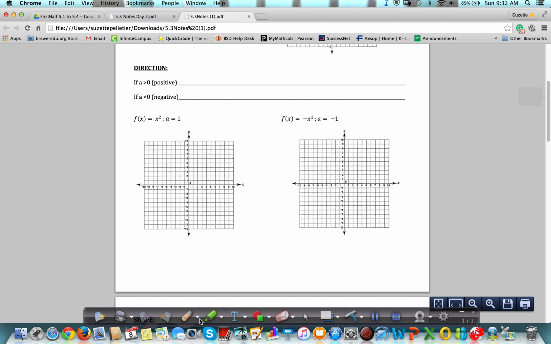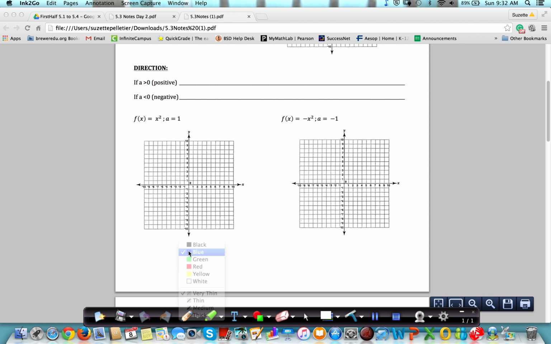So we have two options right now if A is positive, and remember that A is the number in front of the x squared term. This is where we find ax squared. If A is 1, like in this case, then it's positive. And if it's positive or greater than 0, then it's going to open up.